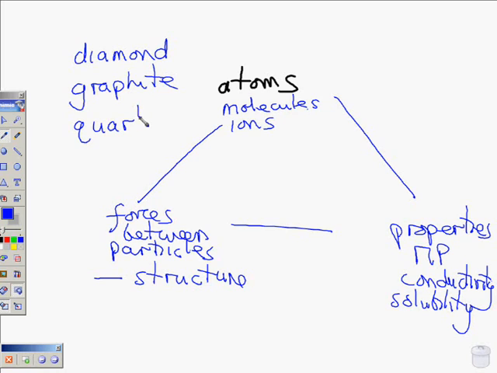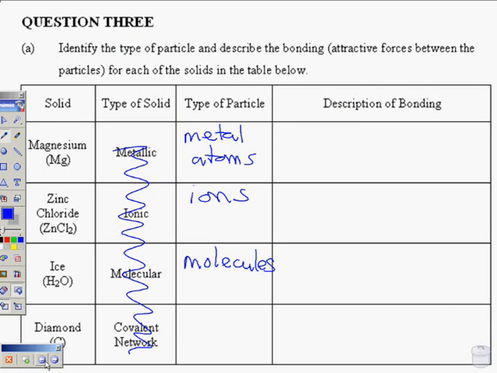And quartz isn't too dissimilar to diamond. You'll go into the exam with that in your head. And so when you see diamond down there, you know straight away that it's carbon atoms and that it's an extended covalent network.